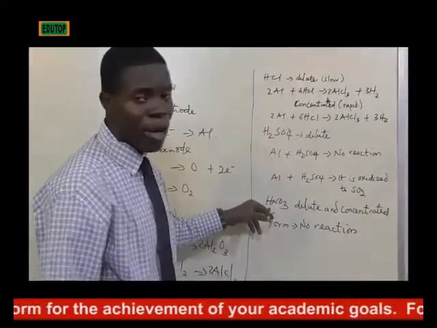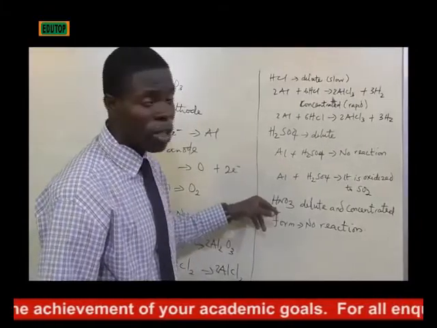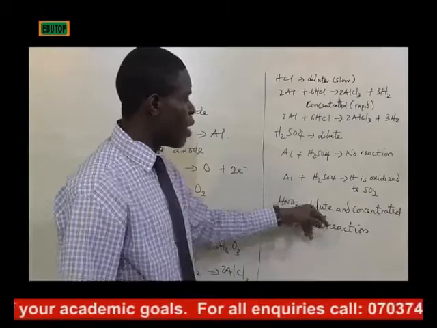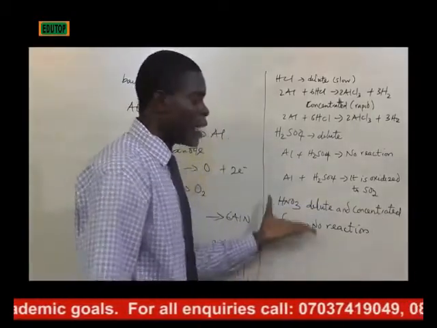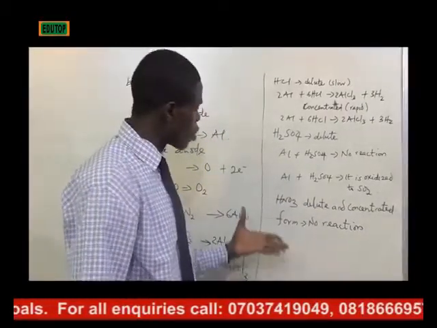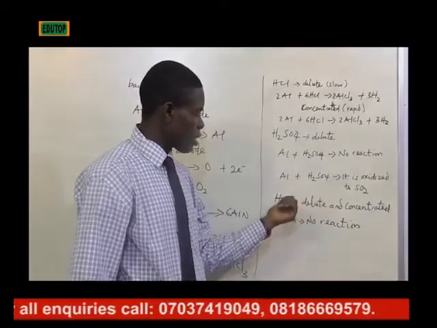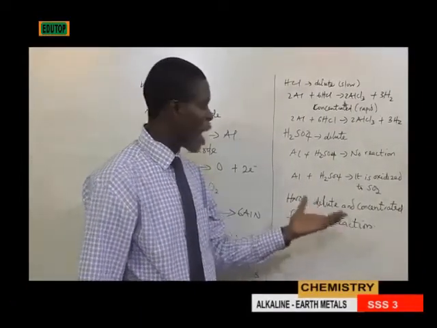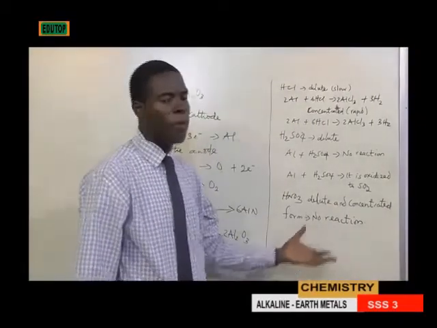In the case of HNO3, that is hydrogen trioxonitrate 5, in both the dilute and the concentrated form, there is no reaction. Aluminium does not react with trioxonitrate 5 acid, both in dilute and concentrated form.